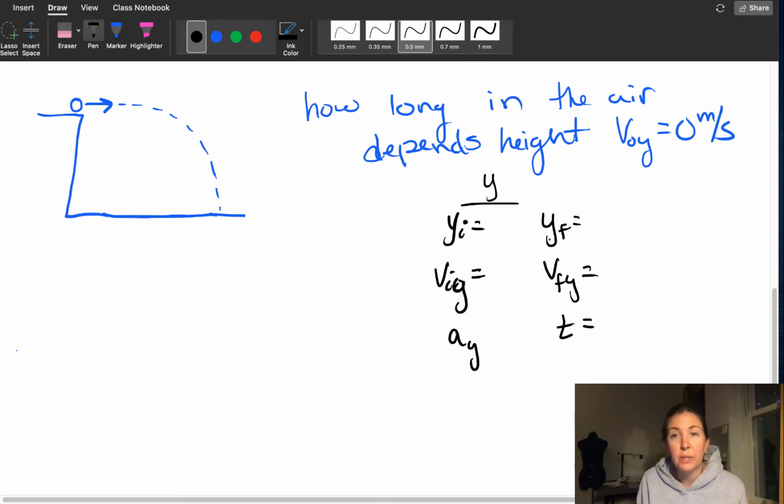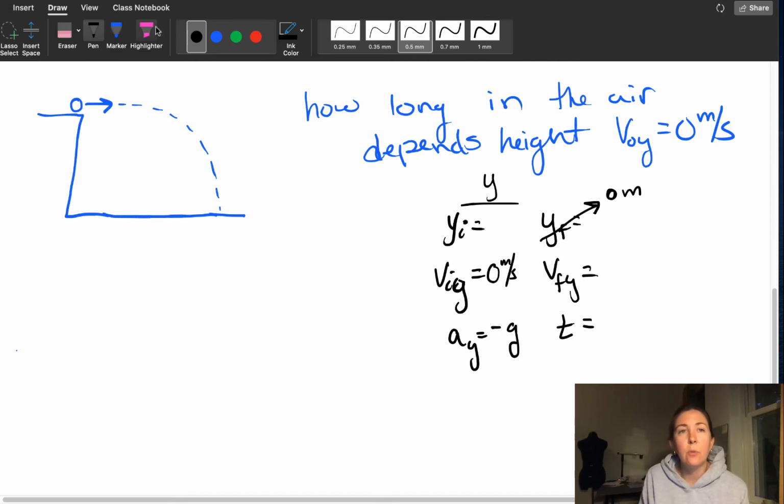Time, remember, is our linking equation. When something hits the ground, the final position is going to be 0. And remember, for this, the initial velocity in the y direction is also 0, and the acceleration in the y direction is opposite g.